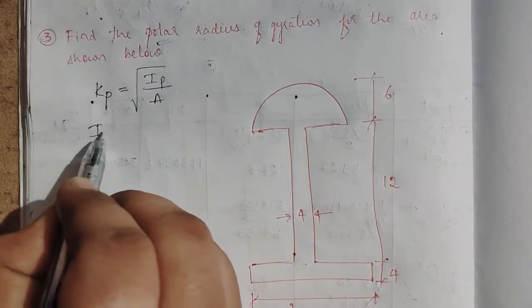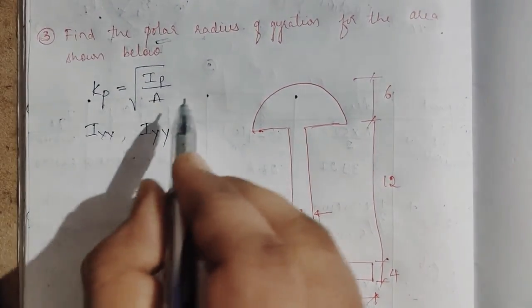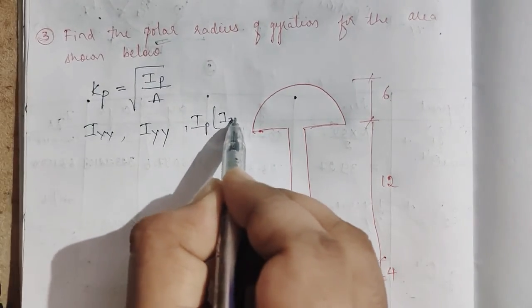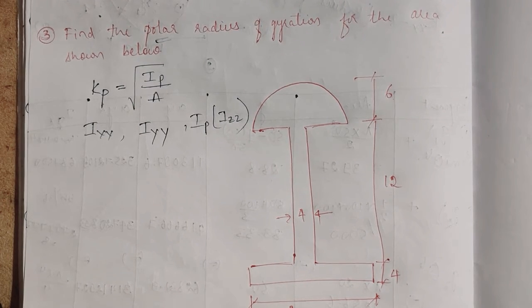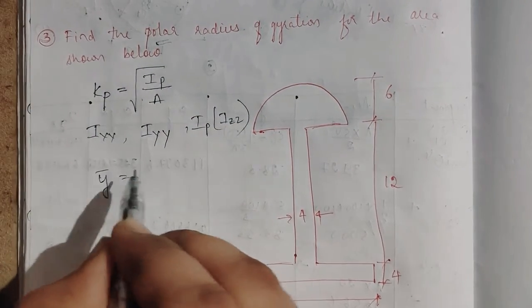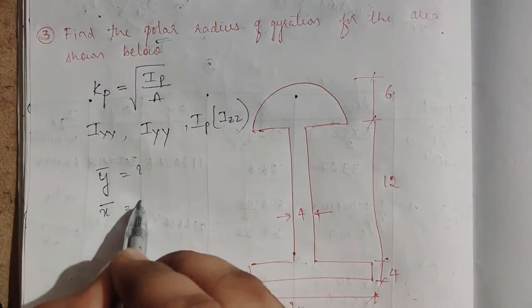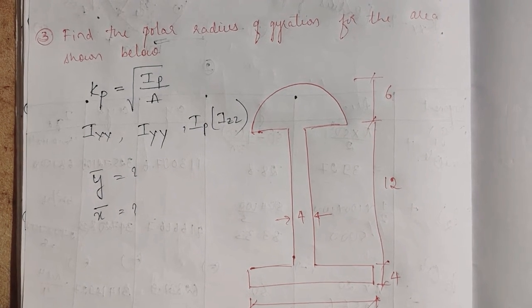For that I need Ixx, I need Iyy, so that I can find this Ip or Izz. So this problem comprises all the formulas related to this area. So for this, I have to find y bar, x bar. I have to find this many parameters to solve this problem.